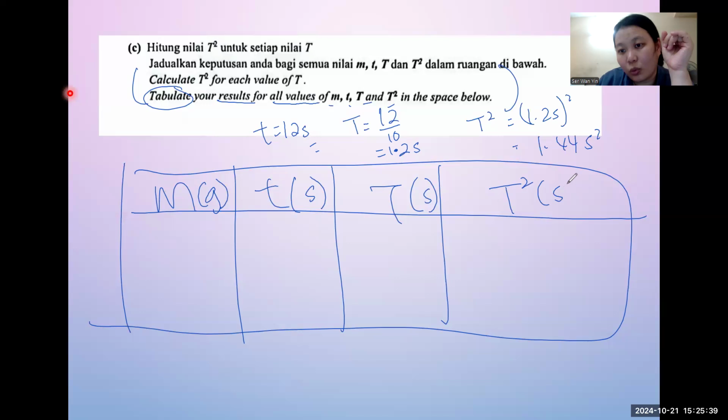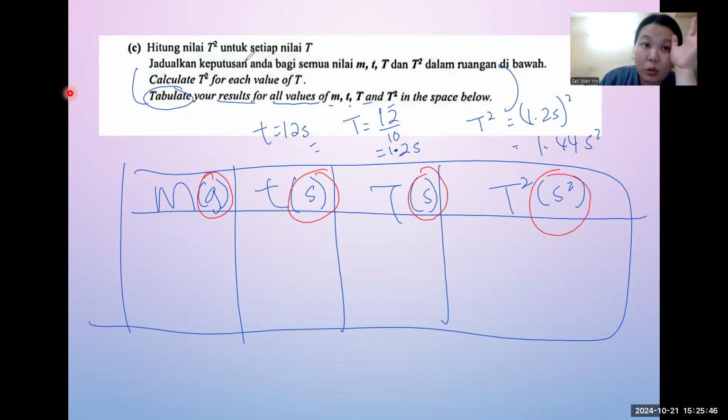It will be s squared. Make sure you have a unit for every physical quantity. This is how you check how many data you have in each column, okay?